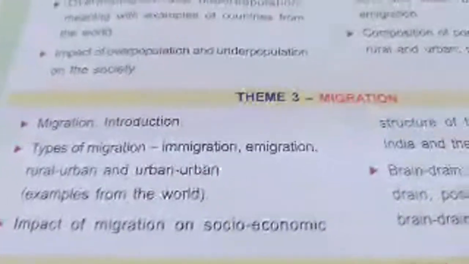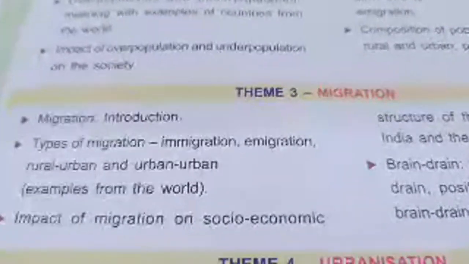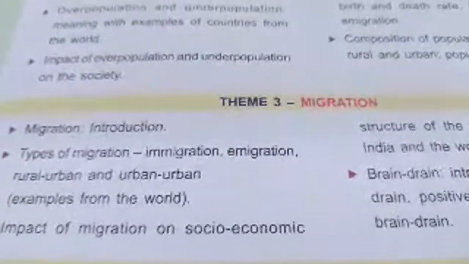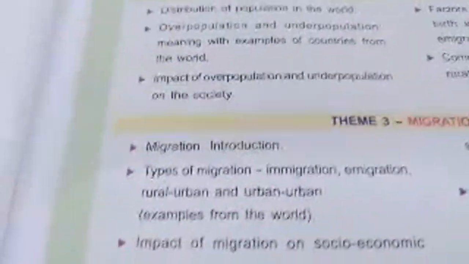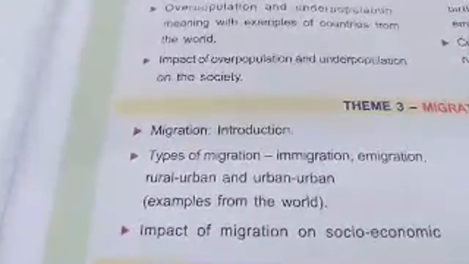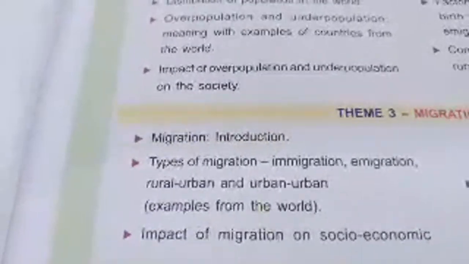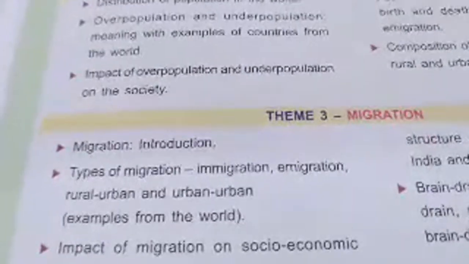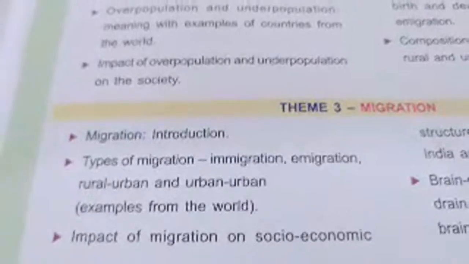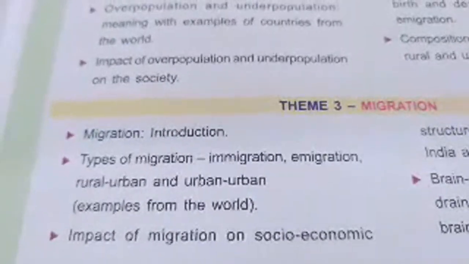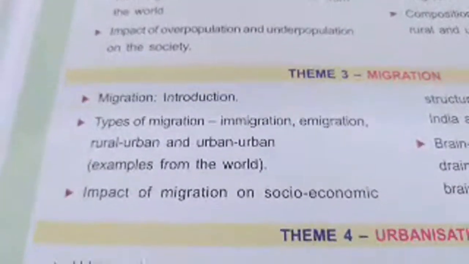Then the third topic, which is given here as theme 3, you will study about migration, and here you will study the introduction of migration, what migration means, the types of migration, that is 2 types of migration, that is immigration and emigration, about the rural to urban and urban to urban migration, and you will see some examples from the world.